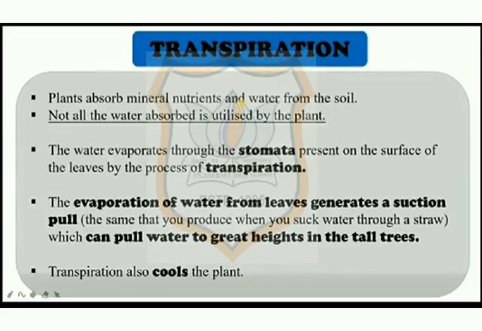The evaporation of water from leaves generates a suction pull, the same pull you produce when you suck water through a straw, which can pull water to great heights in tall trees. Transpiration also cools the plant.